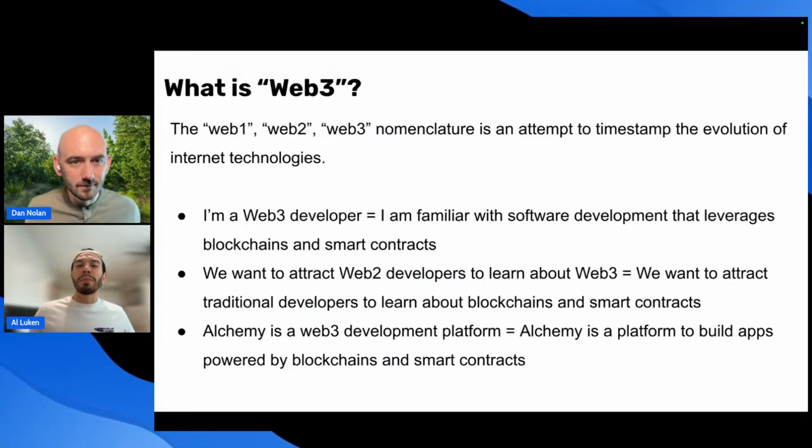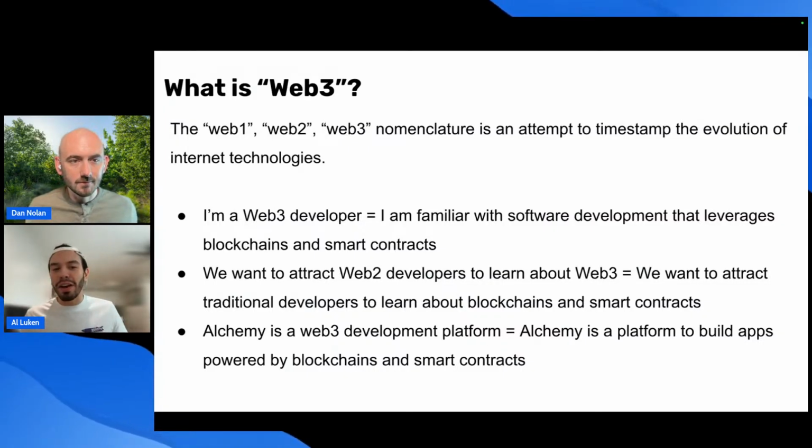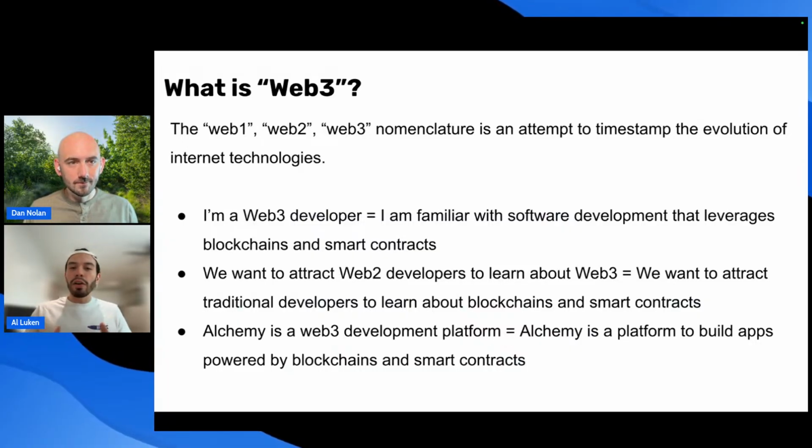All right. So, a quick kickoff. What even is Web3, right? There might be folks watching this like, okay, I saw some Web3 thing. What even is Web3? So a quick attempt at defining this term: Web 1, Web 2, Web 3, these nomenclatures are just attempts at timestamping the evolution of internet technologies, right?